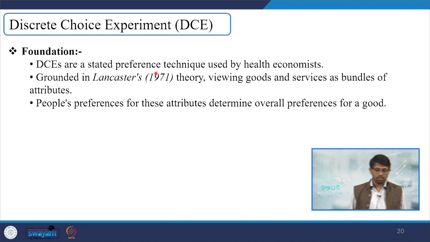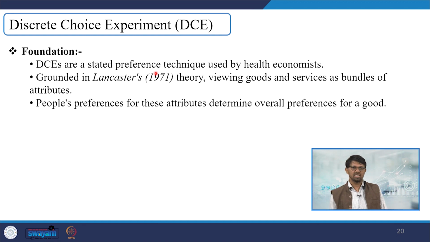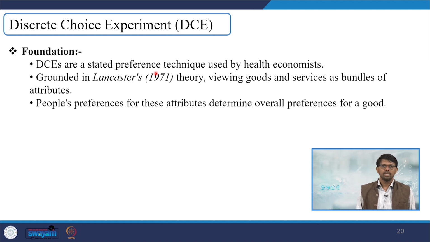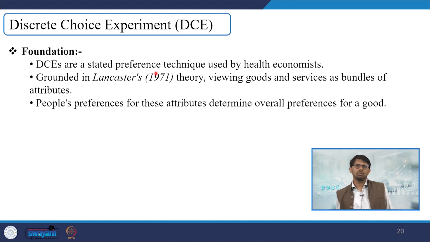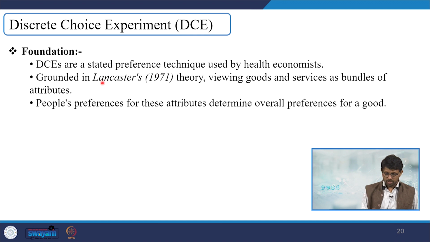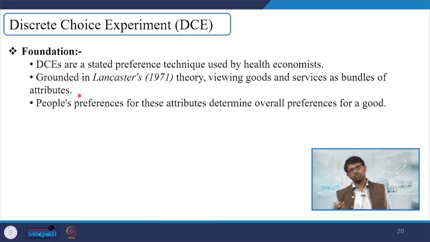DC is part of the stated preference (SP) techniques, which we already discussed. This is the stated preference technique used by health economists, and it is grounded in Lancaster's 1971 theory. When you are writing your thesis on anything related to experiments, try to refer to the original theory.